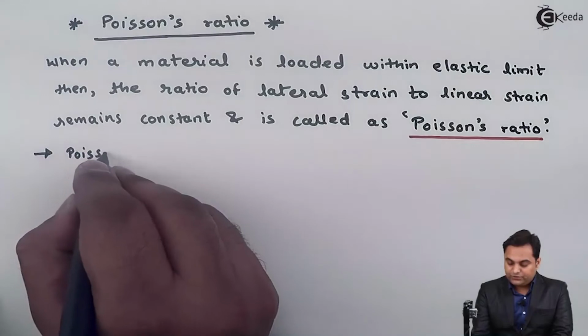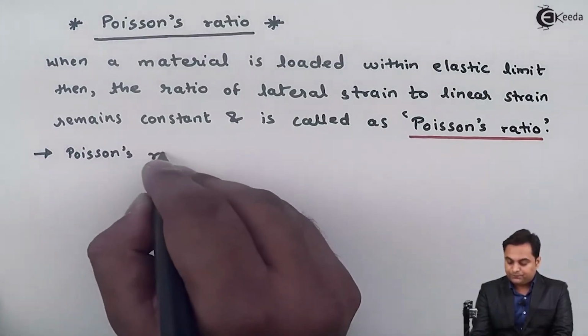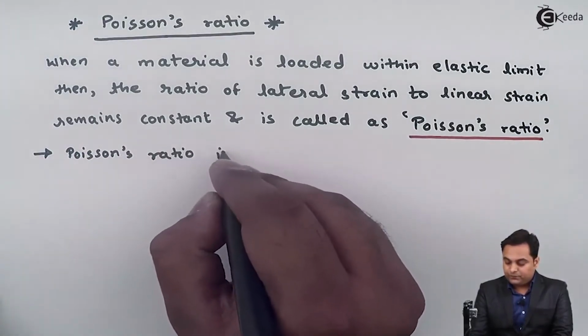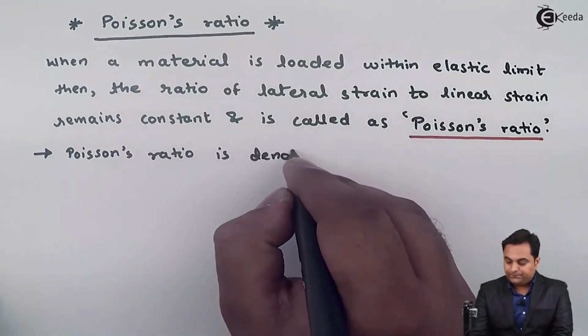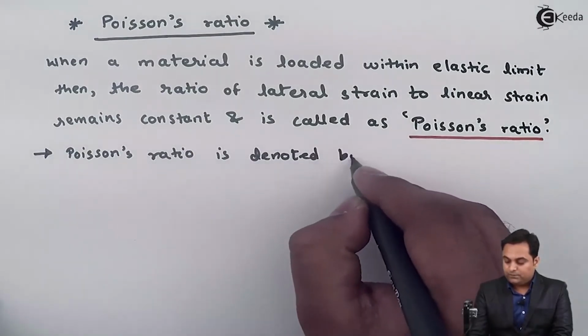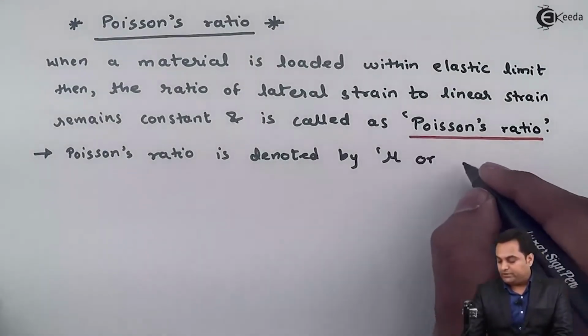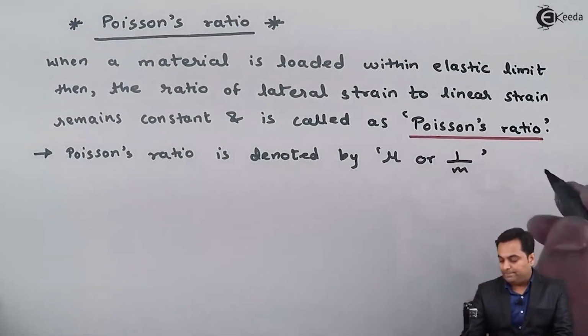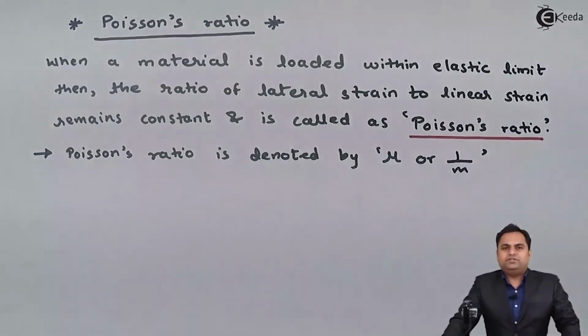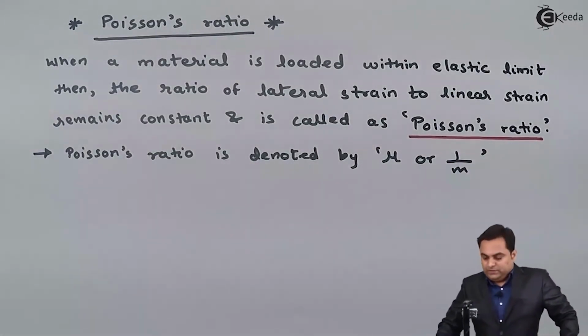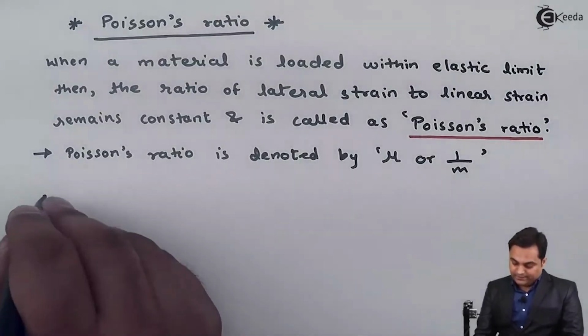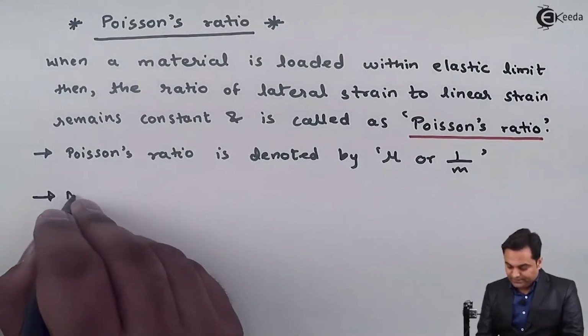Next, Poisson's ratio is denoted by mu, or it is denoted by 1 upon m. These are the notations for Poisson's ratio. Next, I can write the formula mathematically.